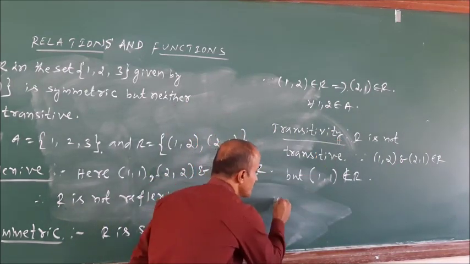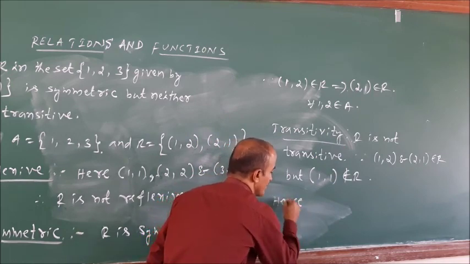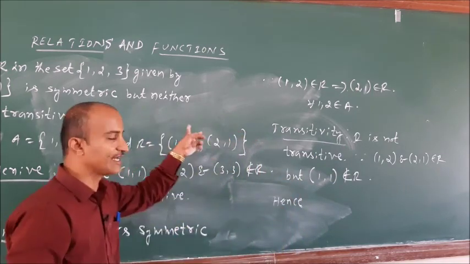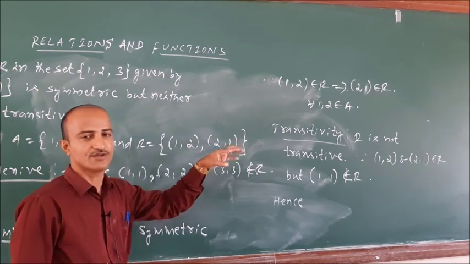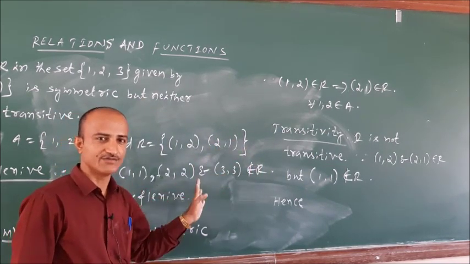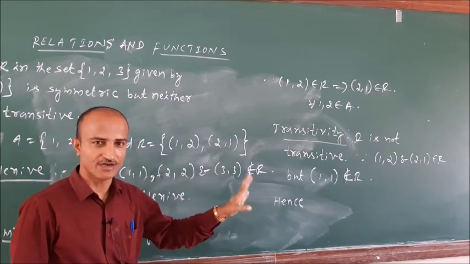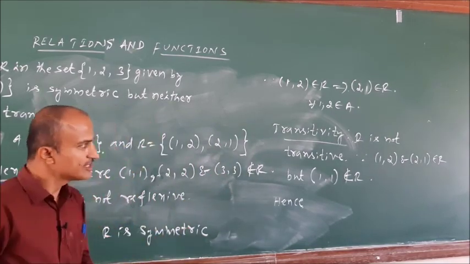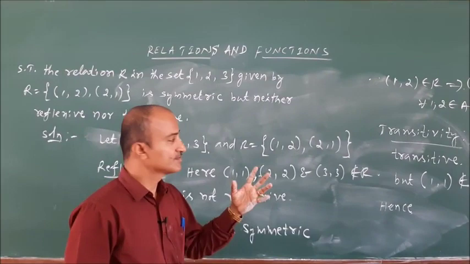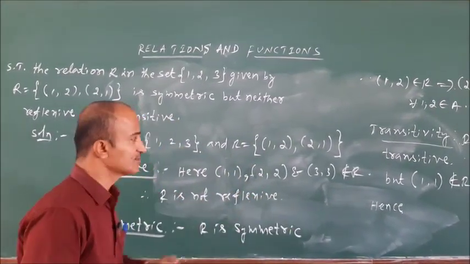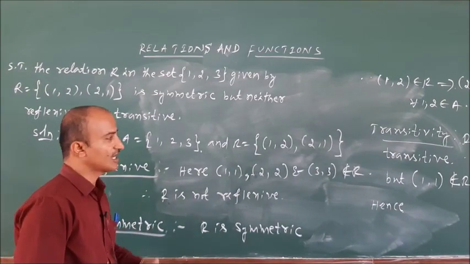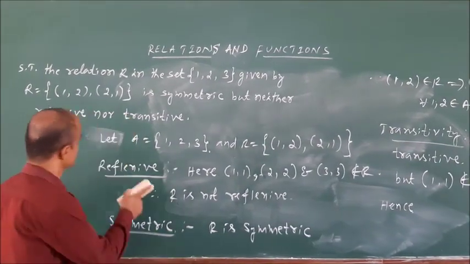Hence, we can come to a conclusion. The given relation R is symmetric but neither reflexive nor transitive. This is how we can solve the problems related to relations. We will take some more examples and we will solve them.